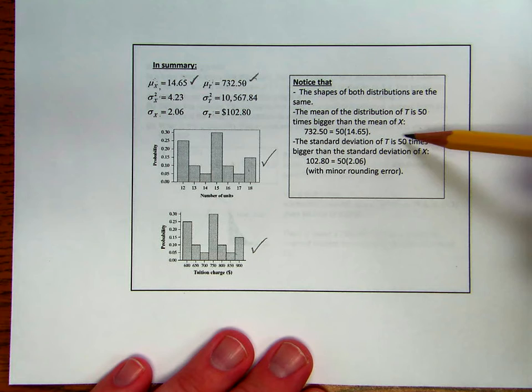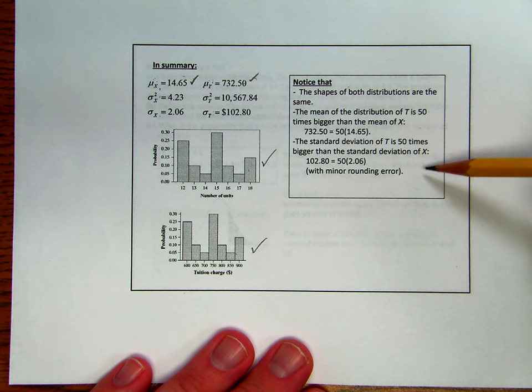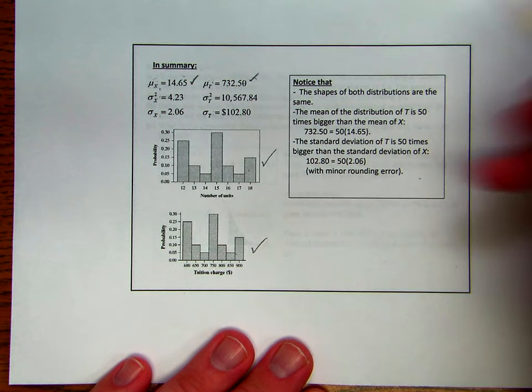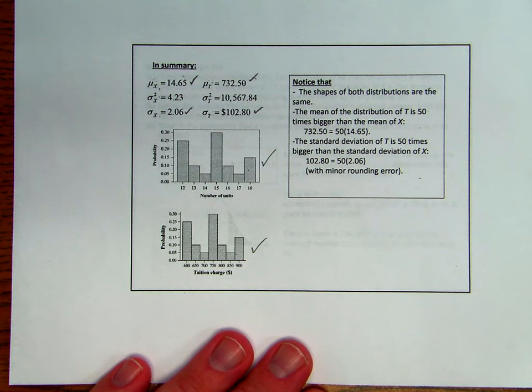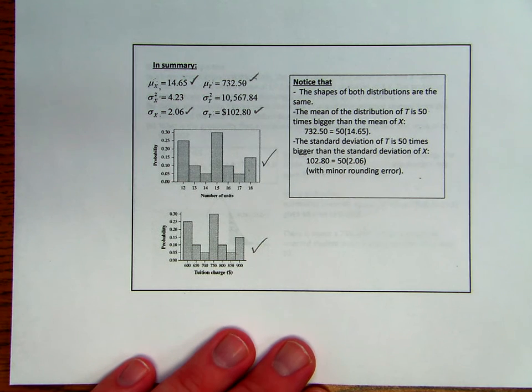The standard deviation of T is 50 times bigger than the standard deviation of X. Standard deviation is affected by multiplication and division, but not addition or subtraction. There was no addition or subtraction involved, so it wasn't relevant to this problem.